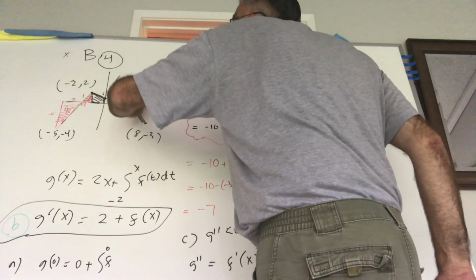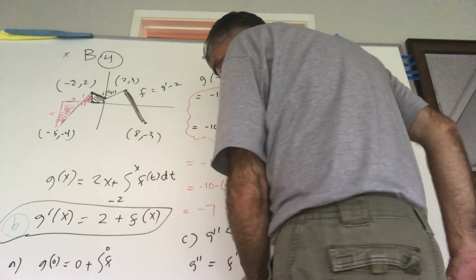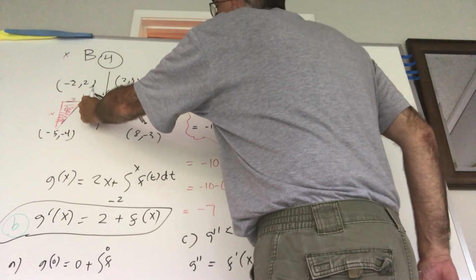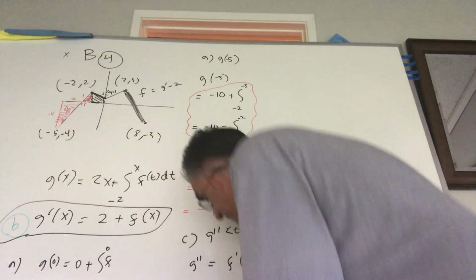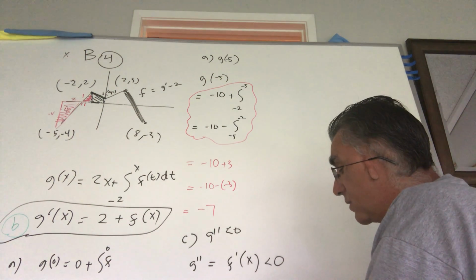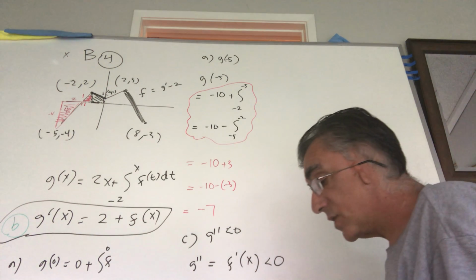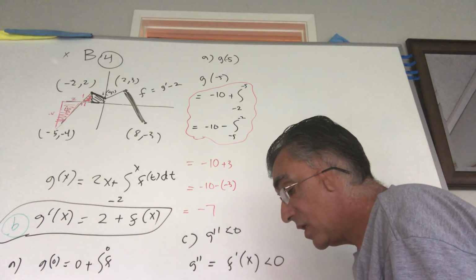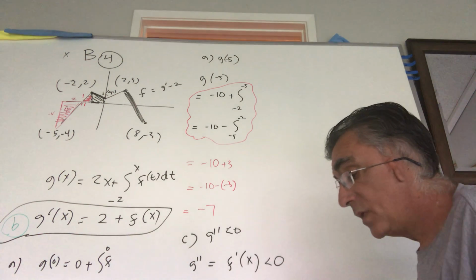That's when f would be decreasing. And when f is decreasing, that means its derivative is negative. So what is that? Negative 2 to 0, and then 2 to 8. Negative 2 to 0, and then 2 to 8. Let's just check and see. Yeah, that's what they got.